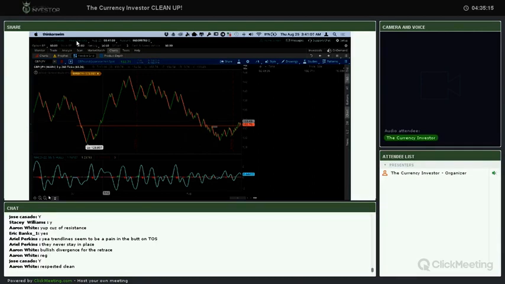I don't think they're going to be able to overwhelm this. If you look up here, and down here, you got all this demand building.